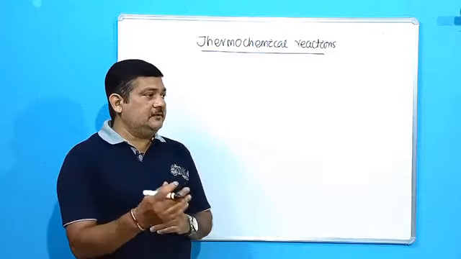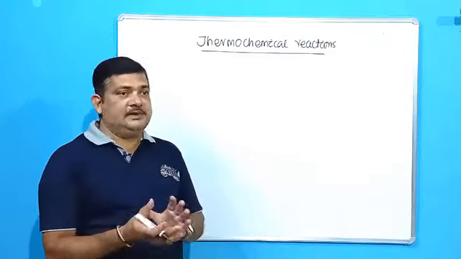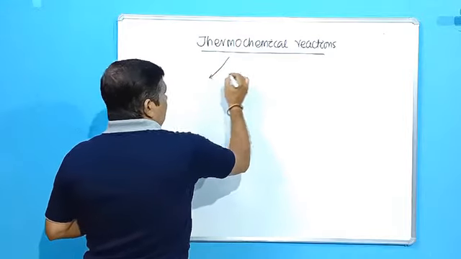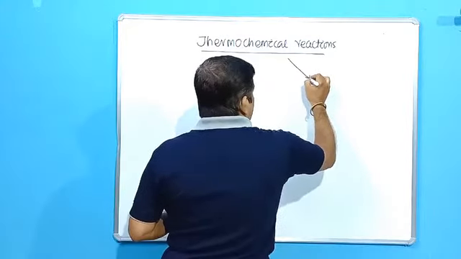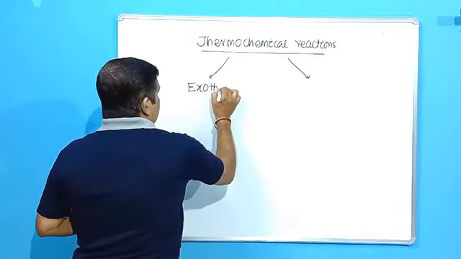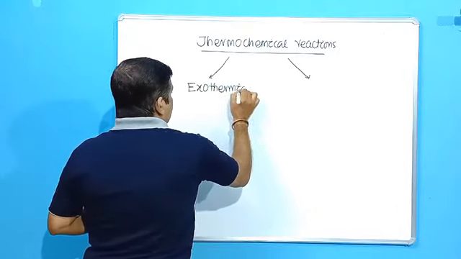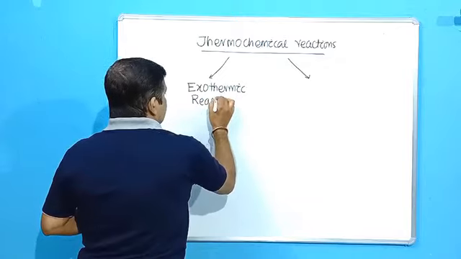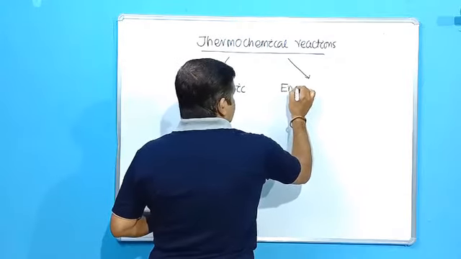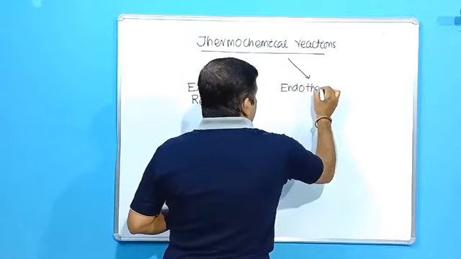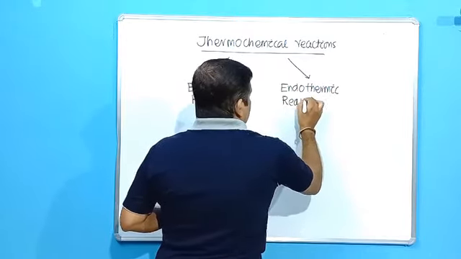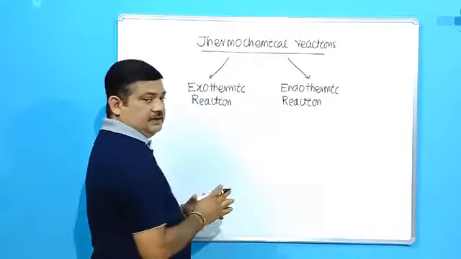With respect to requirement or evolution of heat, the chemical reaction can be of two types. One, where heat is evolved, that is called exothermic reaction. Then another one is endothermic reaction, where heat is required.